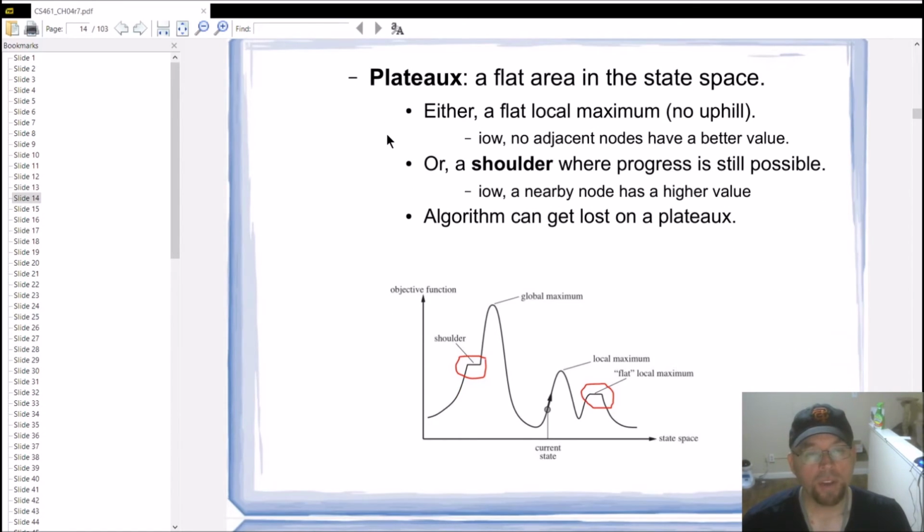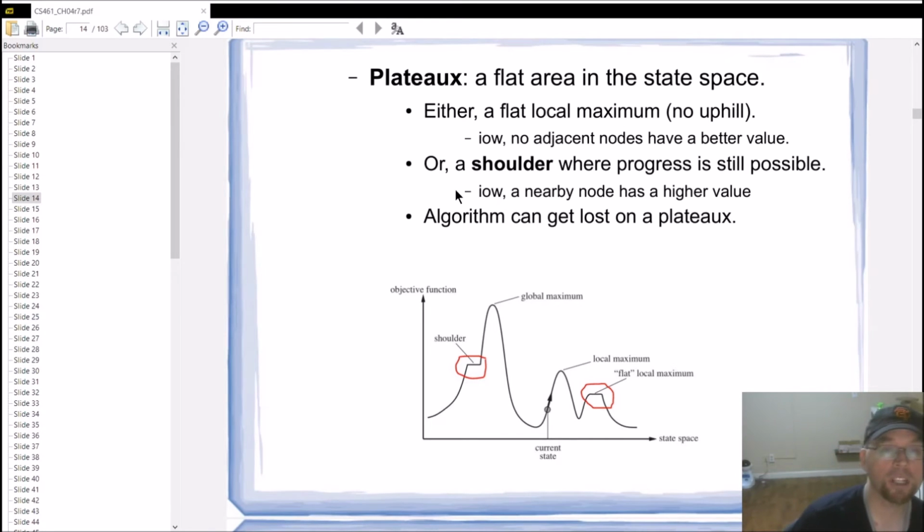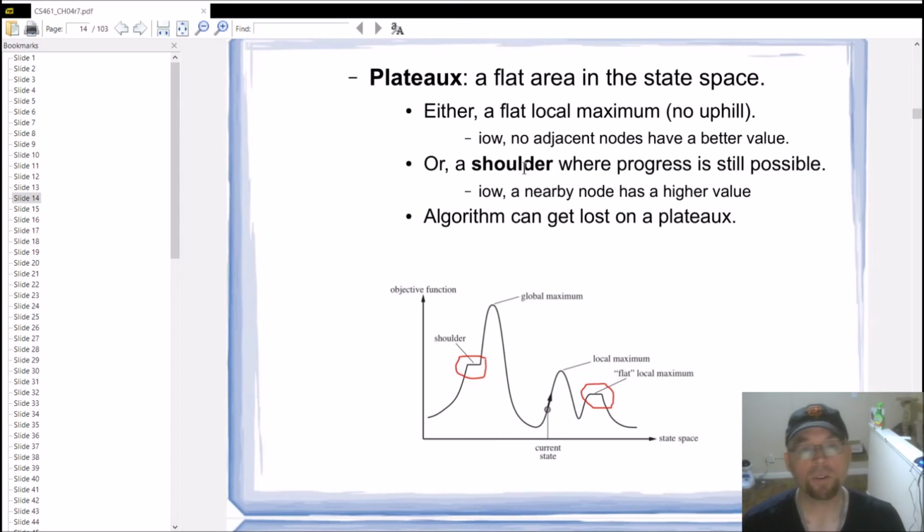You've also got plateaus, and those are flat areas. We talked about a shoulder, and shoulders allow you to have progress. If you could get past the shoulder, you could go on and find your global maximum. This is the objective function value over time, as the algorithm explores the underlying state space.